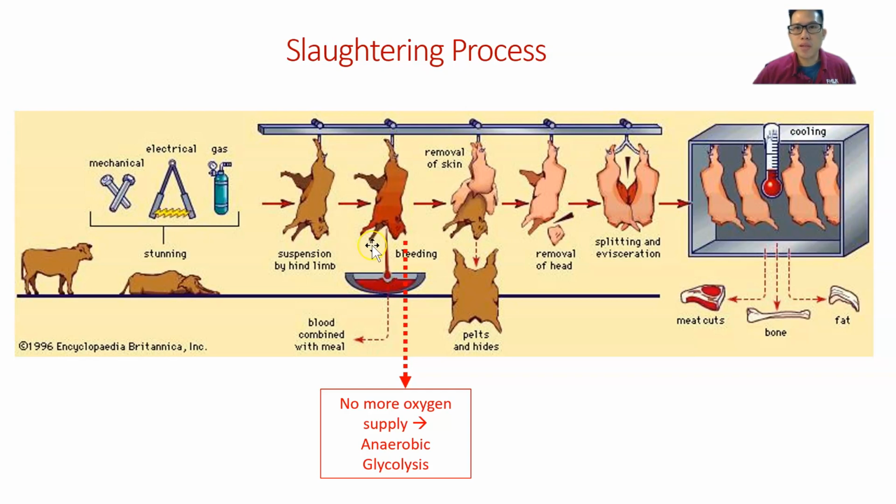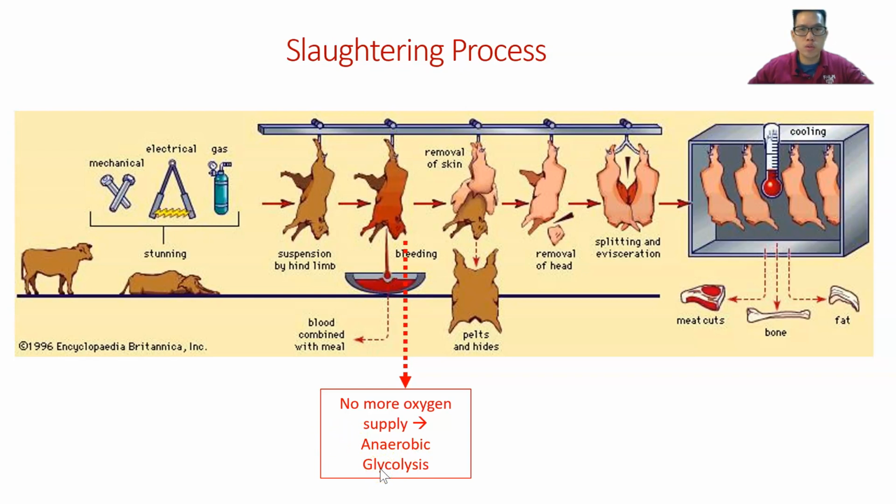As you know, the red blood cells are the ones that carry oxygen. So without blood, it can no longer supply oxygen to the body. Once there is no more oxygen, the cells will start to go through what we call anaerobic glycolysis.